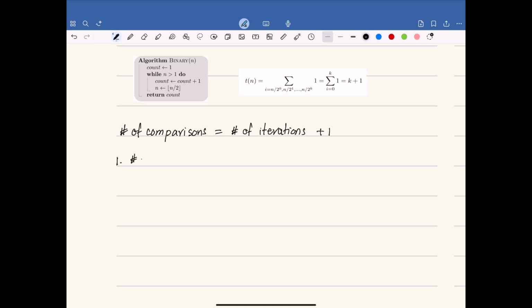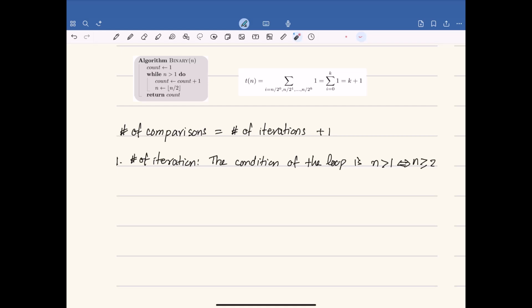So let us find the number of iterations. Now by looking at the condition of the while loop, the condition of the loop is n greater than 1, which is equivalent to n greater than or equal to 2.